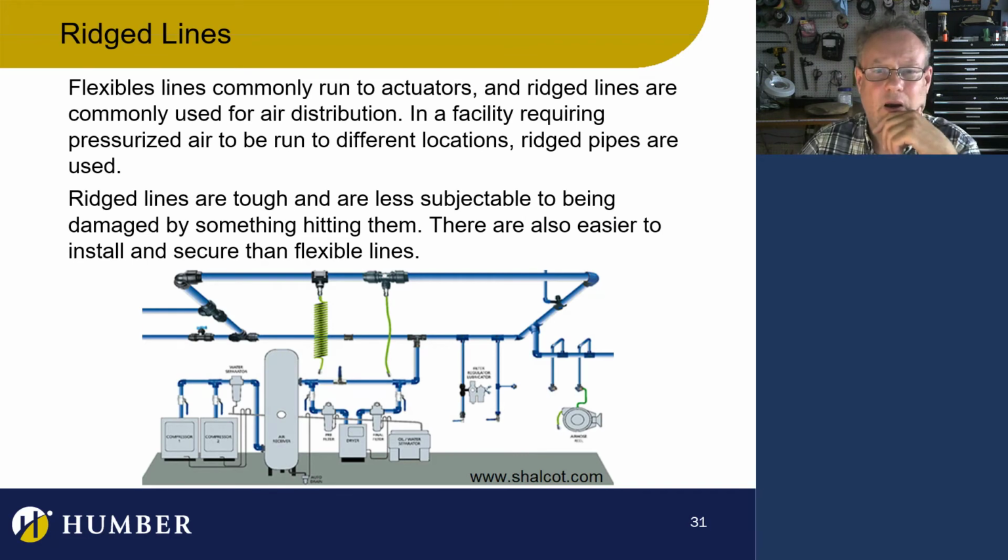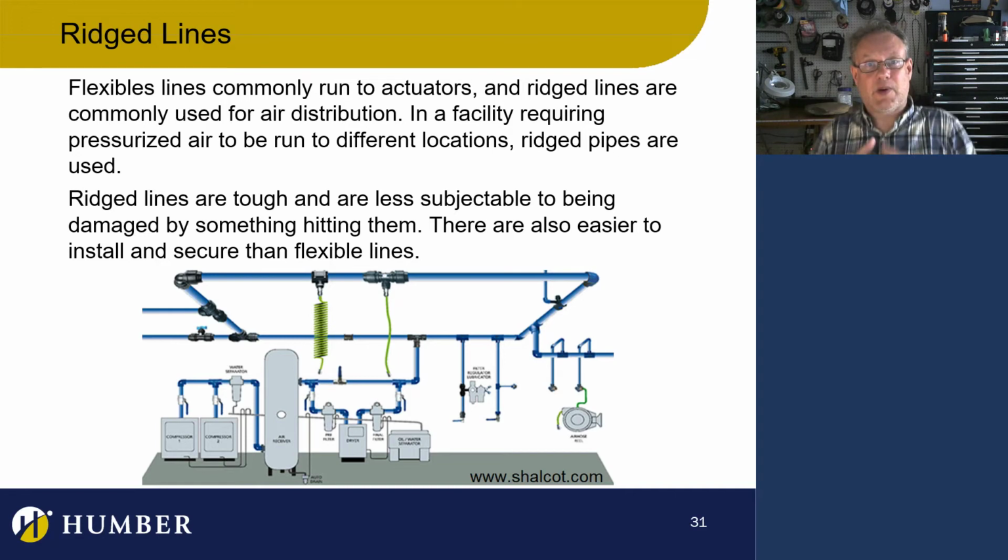Now, let's talk about rigid lines. Rigid lines are part of any pneumatic system that's part of a facility. Even in an automotive shop, if it's just your shop or maybe a two-bay shop, it may not have rigid lines. But if it's a large automotive shop, each station needs air.